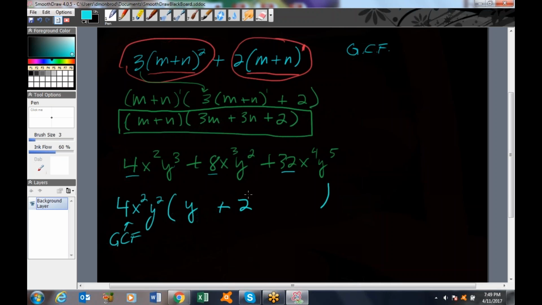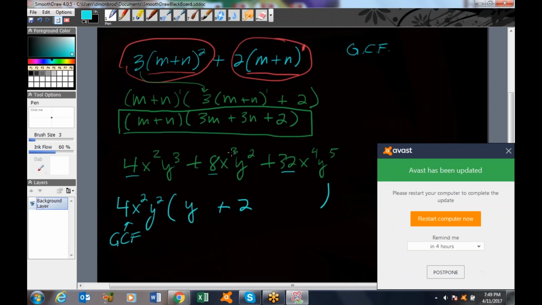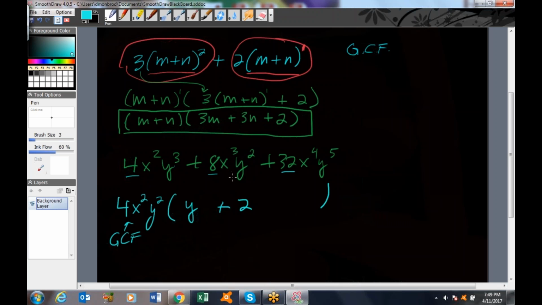And we pulled out x squared and y squared, so it looks like we have an extra power of x still there. So we put it here.